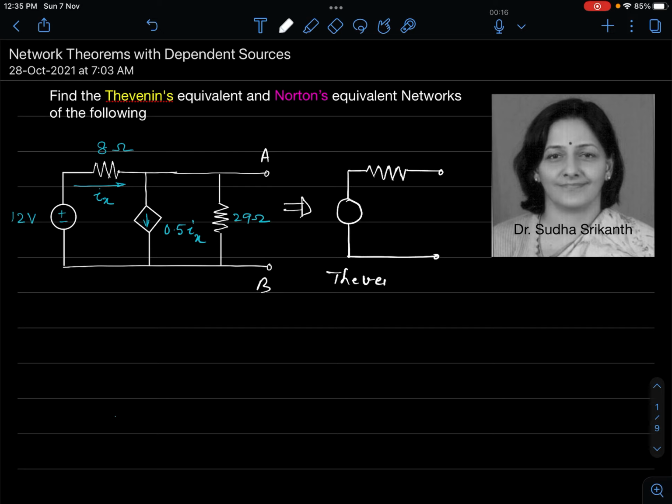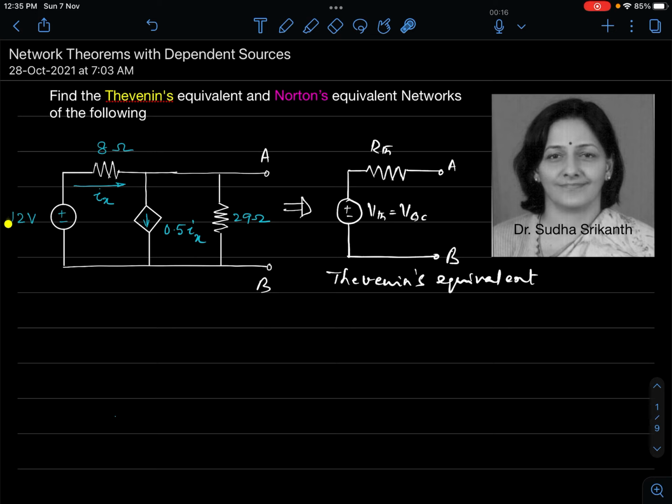That's what we call Thevenin's equivalent. This Thevenin's equivalent has a voltage source whose magnitude is nothing but the open circuit voltage between the pair of terminals under consideration. And this is what we call the Thevenin's resistance or impedance in general. So this is between A and B.